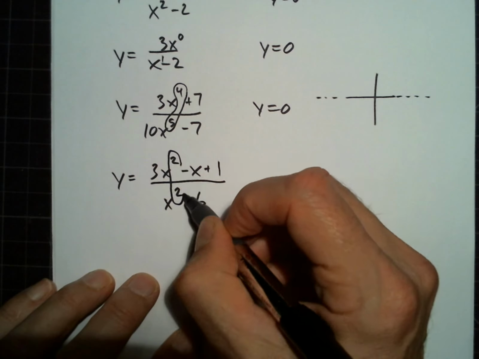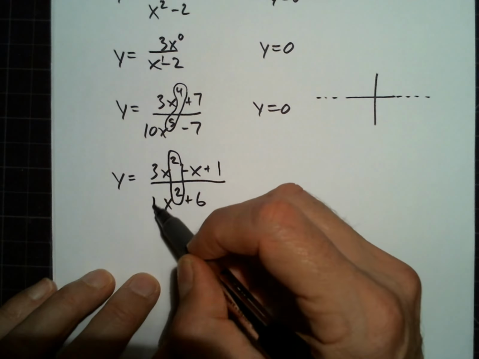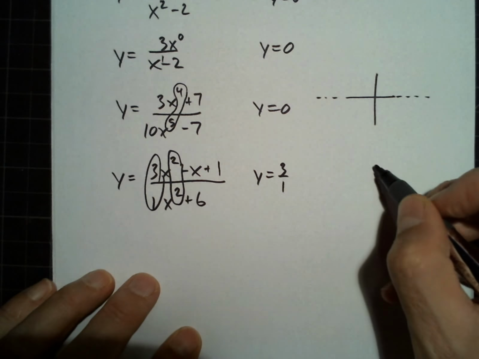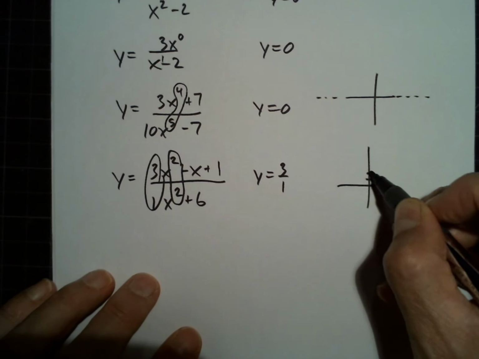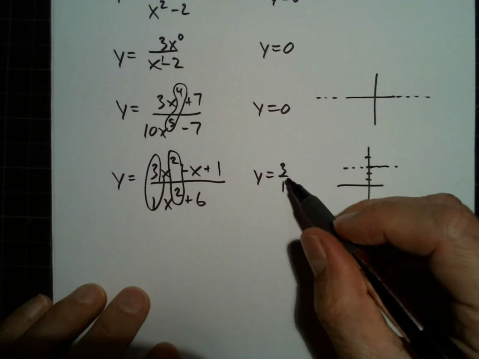Okay, we compare the exponents again, but now they're equal. So when this happens, we take the coefficients. And if we drew that, it would be 1, 2, 3. We would have a horizontal asymptote at 3.